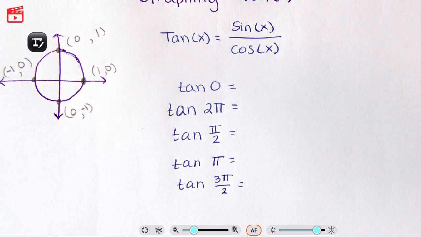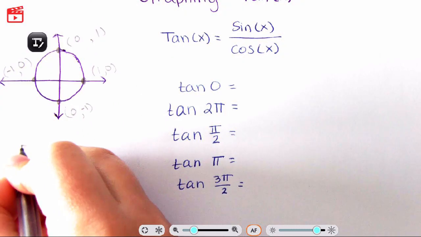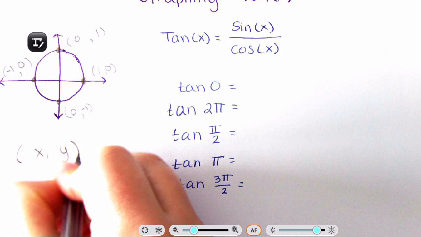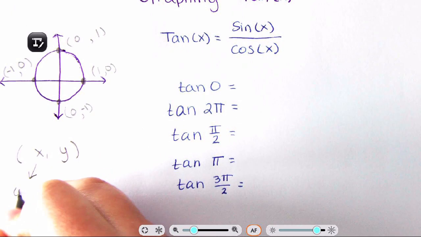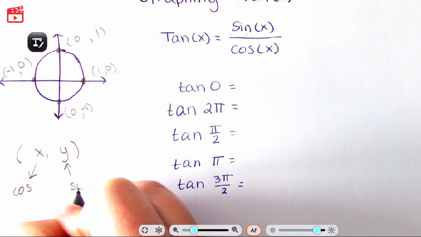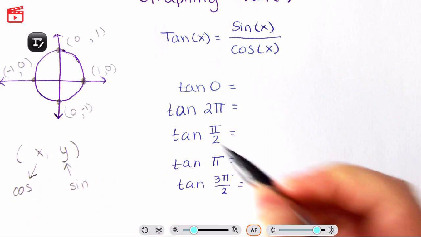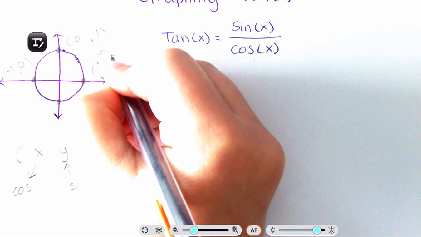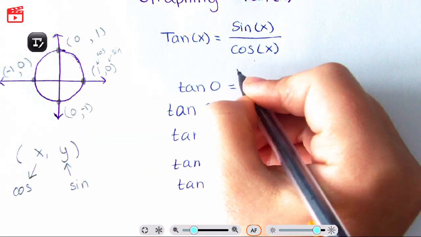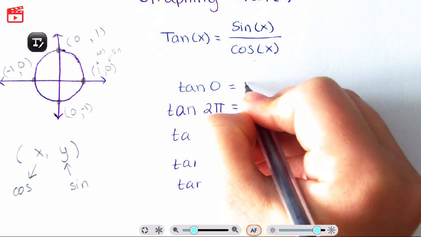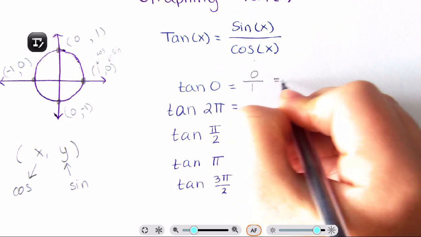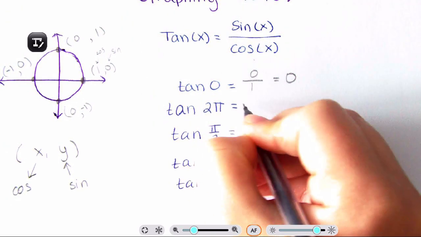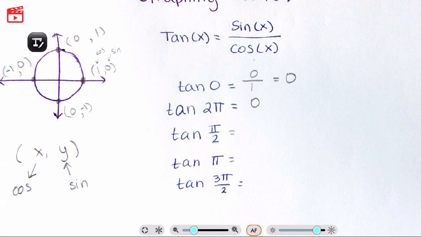So we have tangent of 0. We're saying sine over cosine, and just so you recall, the first value is cosine, the second value is sine. So cosine is 1, sine is 0, so tangent of 0 is 0. That means tangent of 2 pi is 0 as well.